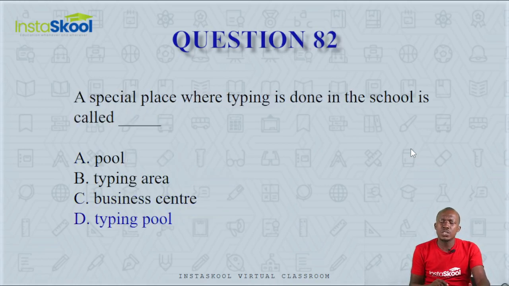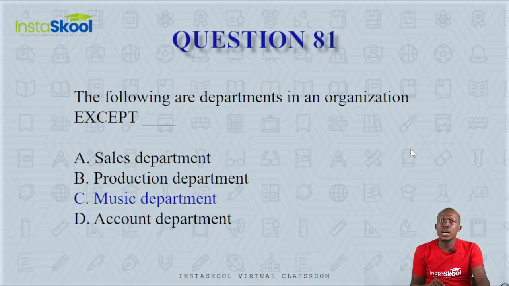Question number 81. The following are departments in an organization except dash. A, sales department. B, production department. C, music department. D, accounts department.